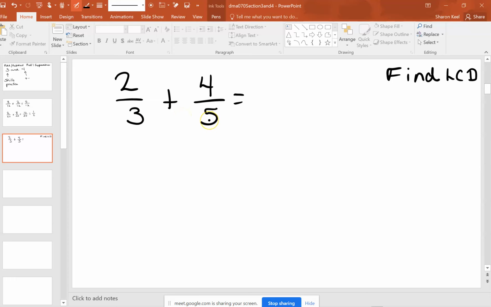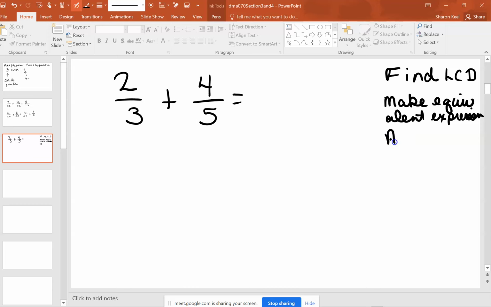Once I find the least common denominator, the next thing that I will need to do is I will need to make equivalent expressions of those with the new denominator, and then I'm going to add the new numerators together.